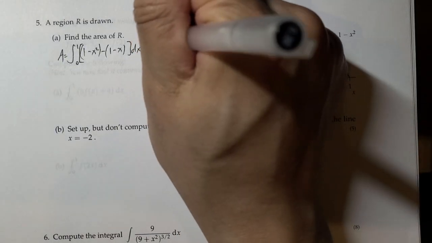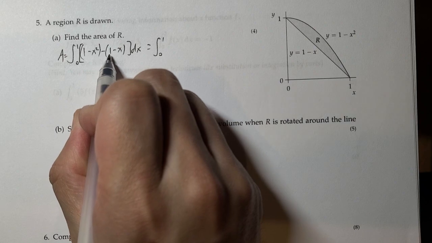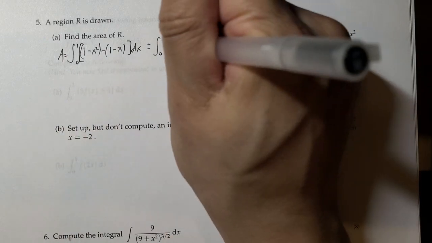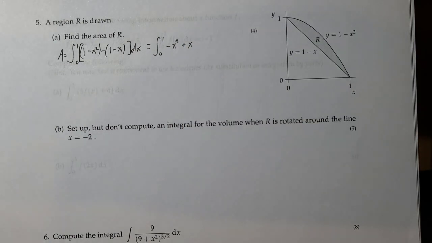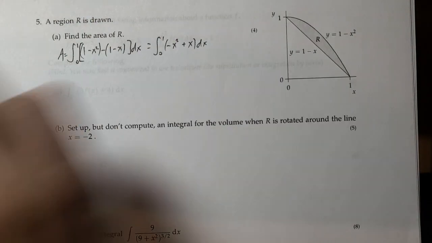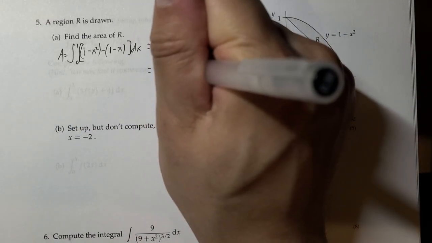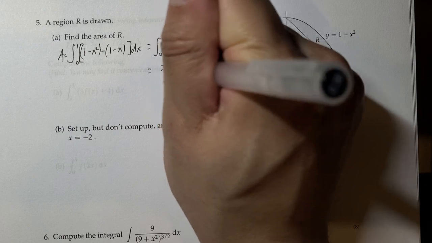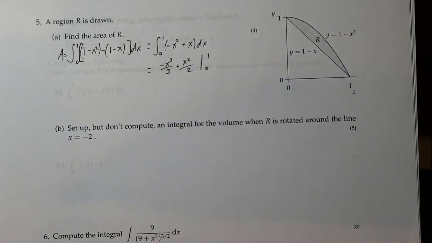This is the integral from 0 to 1. This 1 and this minus 1 would cancel. We get minus x squared plus x, dx. I believe that's correct. So we can simply do the power rule: minus x cubed over 3 plus x squared over 2, evaluated from 0 to 1.